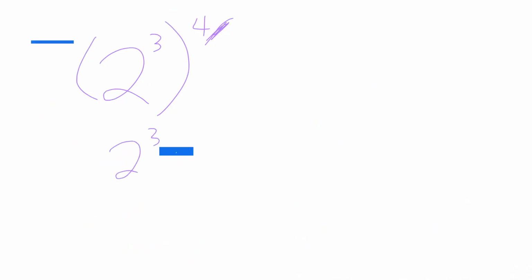And this would make sense because, using the same example, 2 to the power 3 and then 4, 2 to the power 3 has to multiply itself 4 times. So you're doing 2 to the power 3 times 2 to the power 3 times 2 to the power 3 times 2 to the power 3.